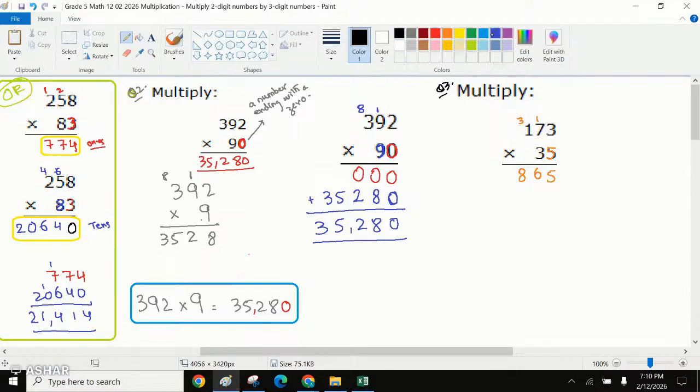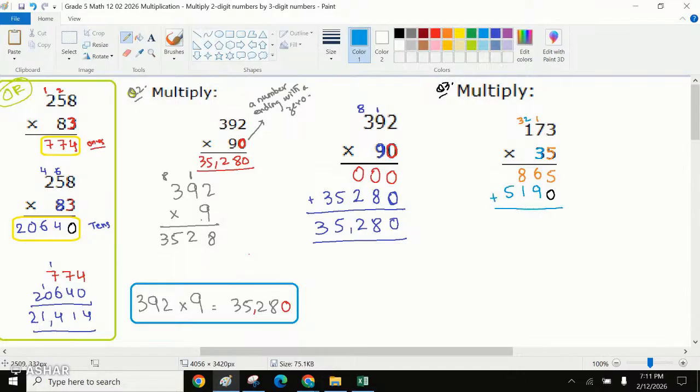When we are multiplying with the tens, we have to remember that we have to put a 0 because we are not multiplying with the units. So now what we can say is 3 multiplied by 3 was 9. 3 multiplied by 7 is 21. We put down the unit and we carry the 2. 3 multiplied by 1 is 3 plus 2, that is 5.